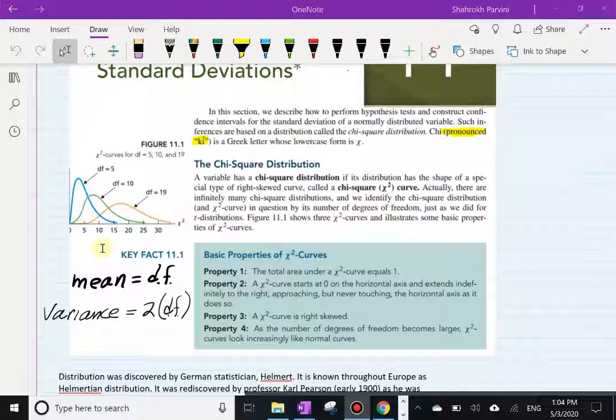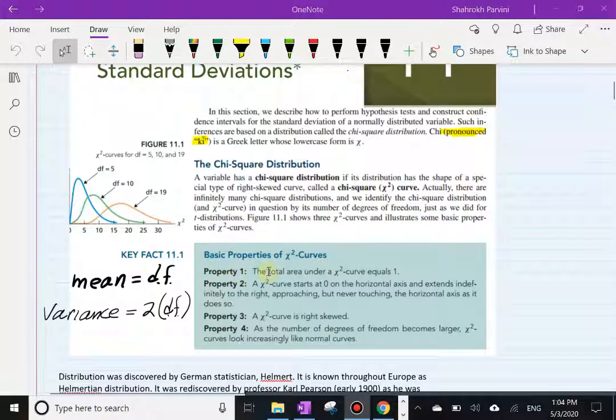Now the author does give us a table in the back of the book, but I'm not even going to go into that table. We simply rely on StatCrunch either to obtain the area under the curve, or answer probability questions, or to actually do our inferential work.